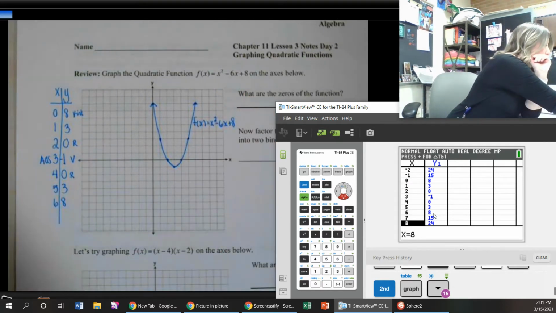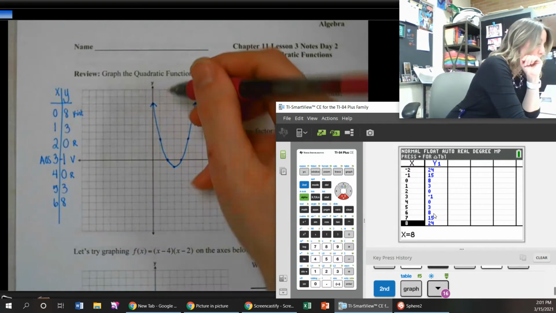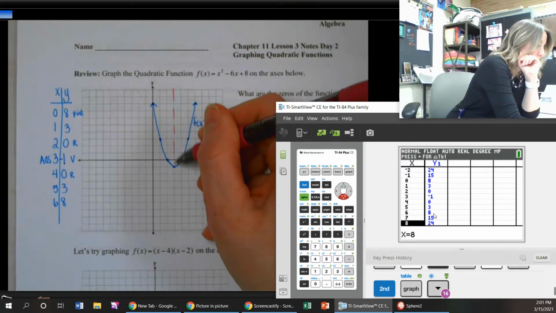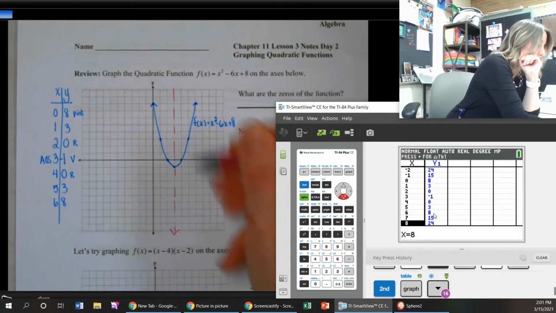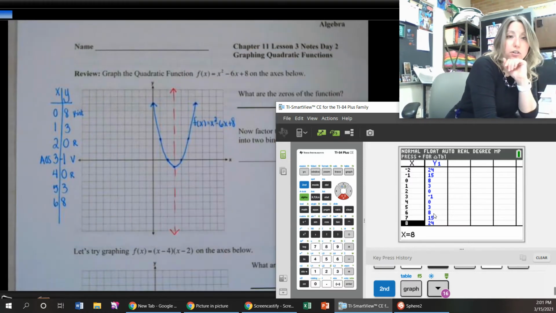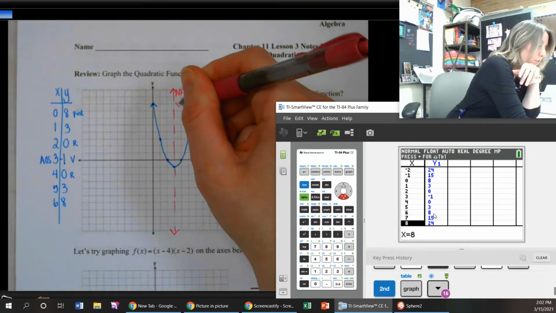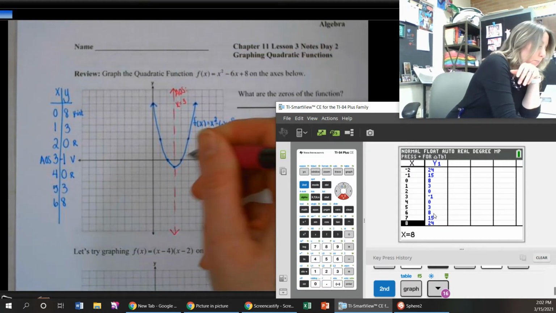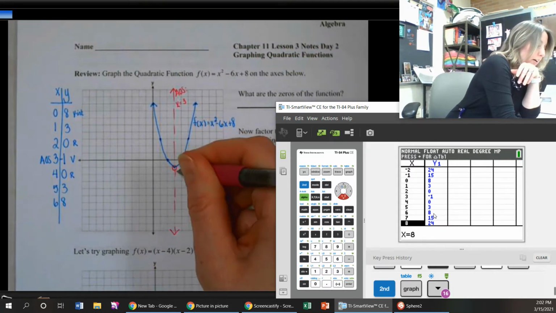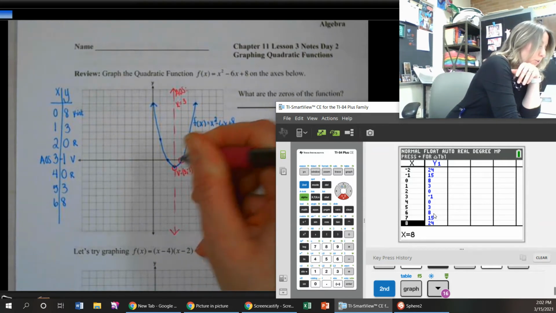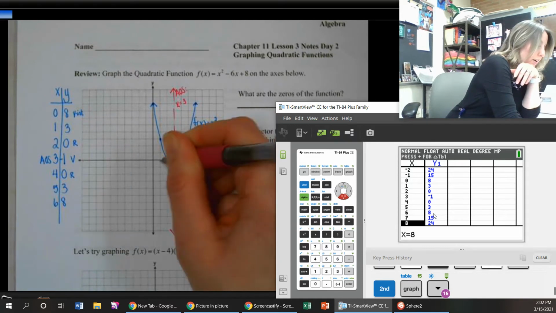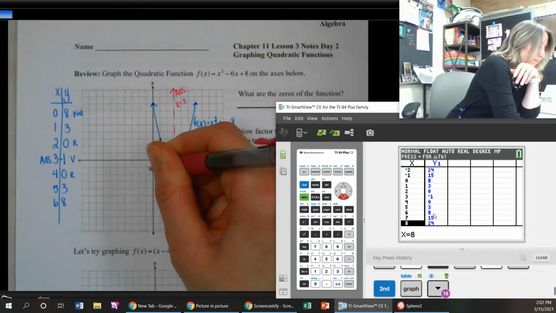And what I'll do now is I will just label all the stuff that we labeled in day 1. So right now I'm putting in my dashed line for my axis of symmetry. Axis of symmetry equation is x equals 3. My vertex, of course, is right on the axis of symmetry, and that's 3, negative 1. My roots are where I touch across the x-axis, and that would be 4, 0, and 2, 0.